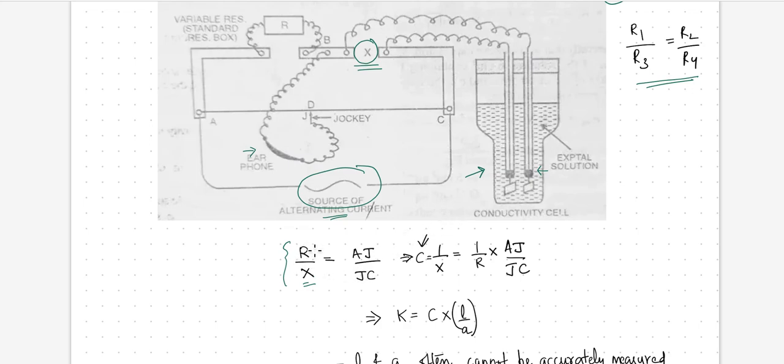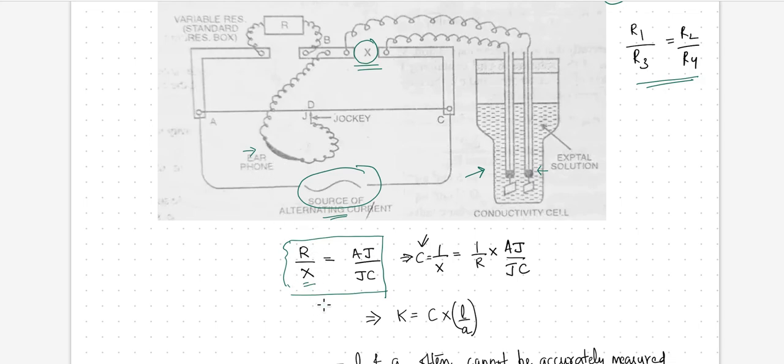R is the variable resistance, which we know because we can vary it, and the lengths AJ and JC we also know. This is the ratio that is valid at the null point, that is, the point at which you get a minimum sound on the earphone.